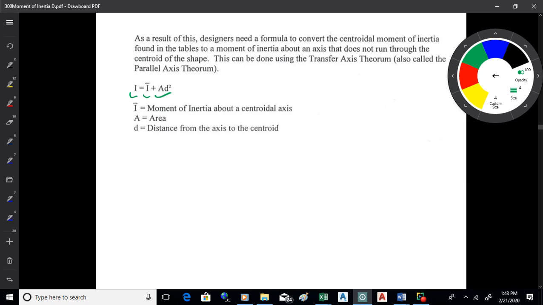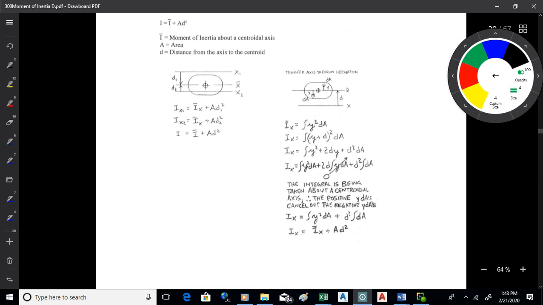So I about some axis is I bar about the centroidal axis, which is bh cubed over 12, plus Ad squared. A is the area of the rectangle, d is the offset distance between the two axes. Now that formula will work for any type of shape. It doesn't have to be a rectangle. Okay? So you just take a centroidal moment of inertia plus Ad squared, you get the moment of inertia about some axis.